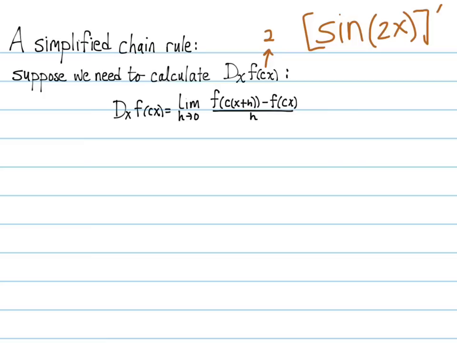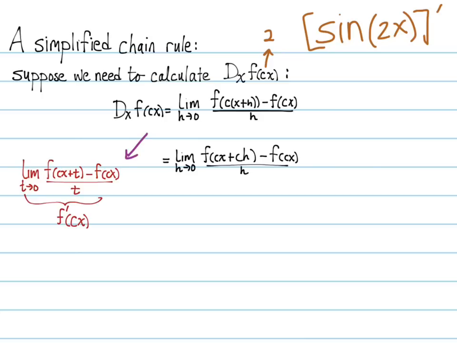Suppose we want to take the derivative of f of cx. Well, if we write out what that means, it means this limit. And if we distribute c across x plus h, we get this limit. If we come over here to the left, the limit as t goes to 0 of f of cx plus t minus f of cx, all over t, is the limit definition of f prime of cx.